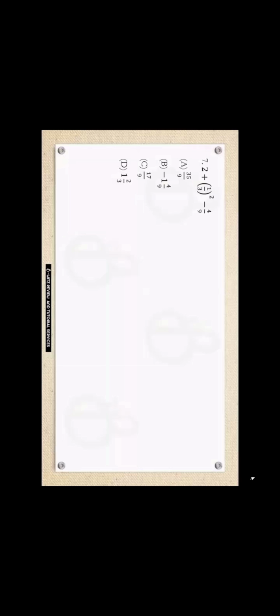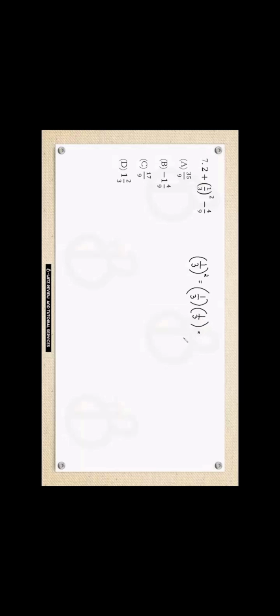Now for number 7, we need to simplify 2 plus the square of 1/3 minus 4 over 9. Now, doing the step-by-step solution here, we need to square the fraction first. The square of 1/3 means 1/3 times 1/3.